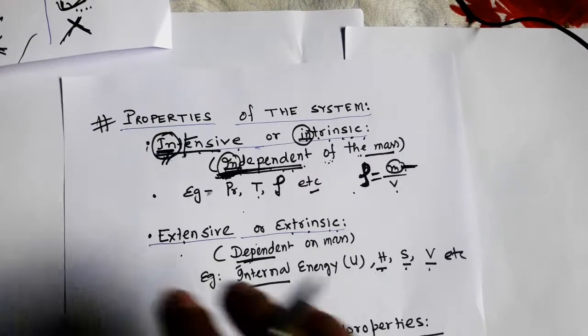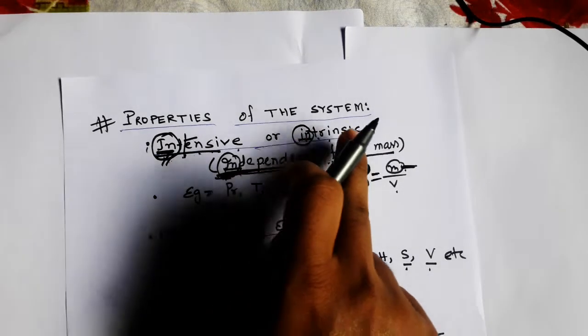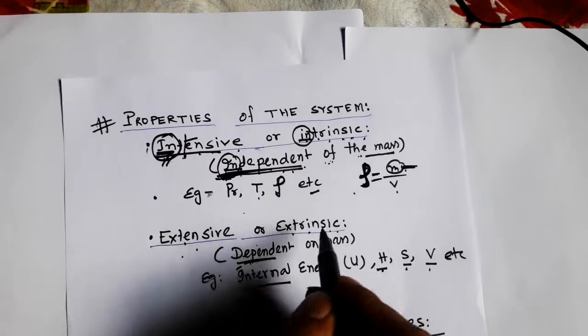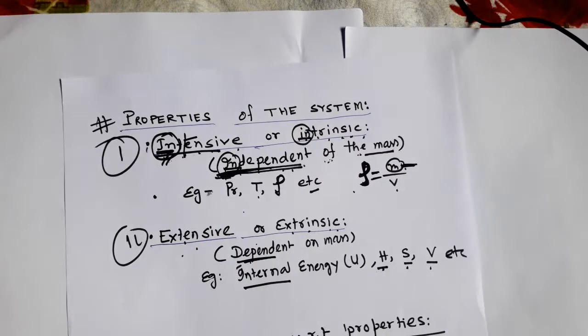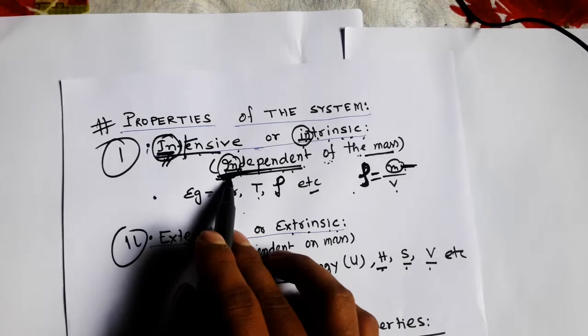Now properties of the system. Properties are basically classified as intensive property or intrinsic property, and extensive property or extrinsic property. So there are two classifications of properties. Intensive or intrinsic properties are independent of mass.